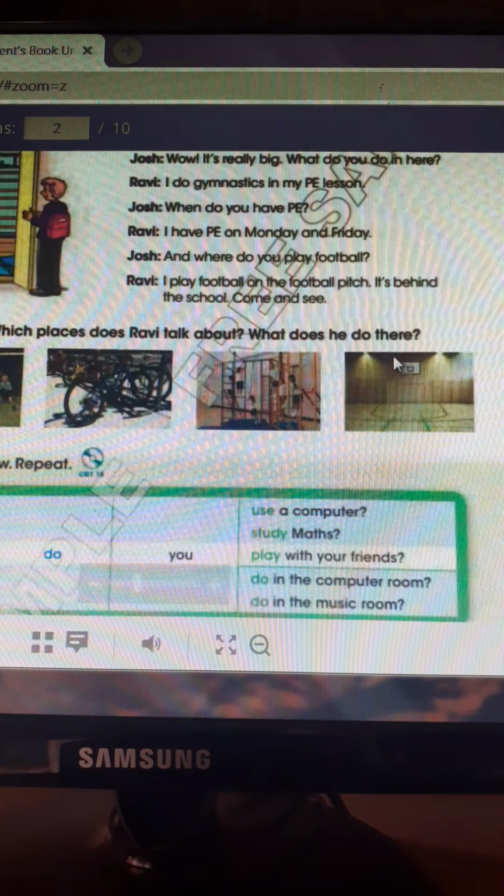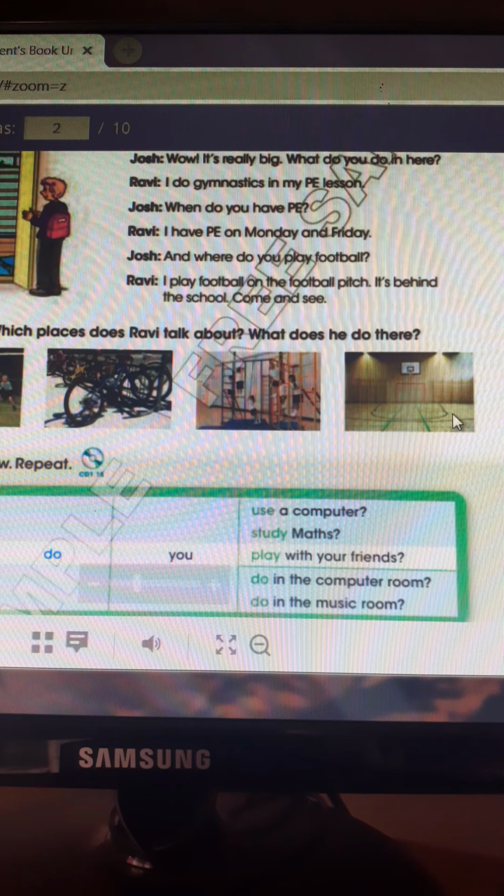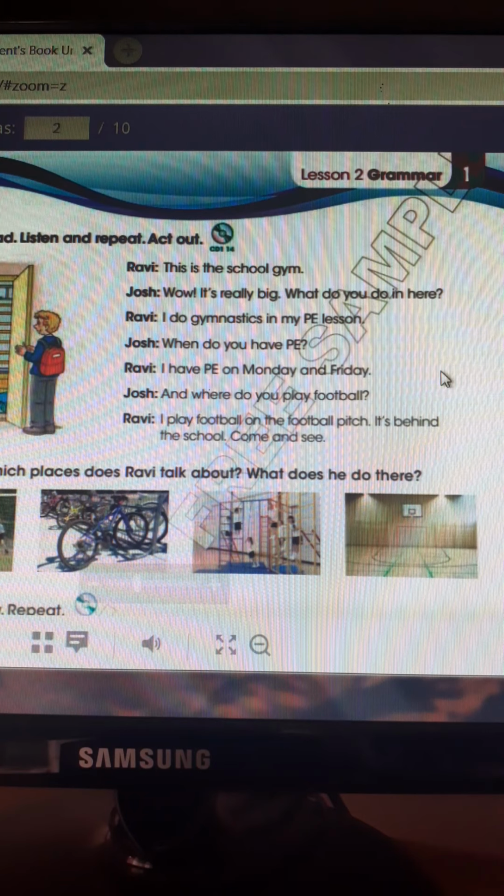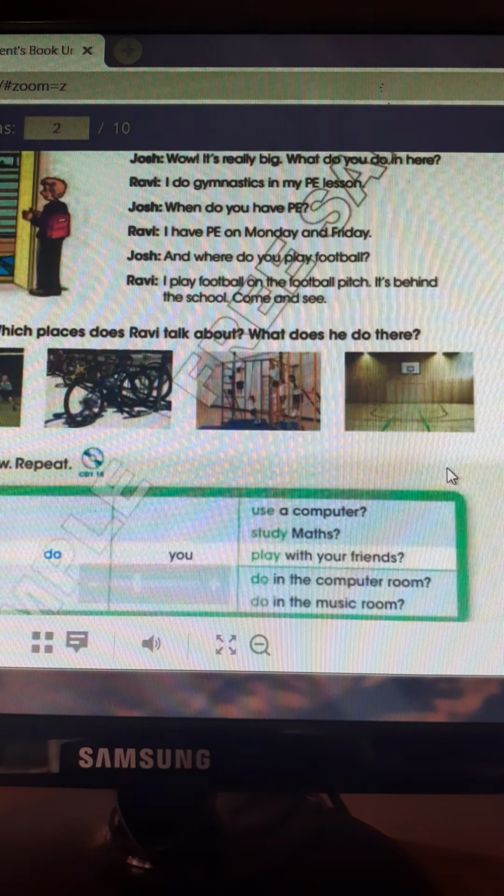Vas a tener que tildar cuáles son los lugares que él nombra en el diálogo. Y también vas a tener que responder a la pregunta, what does he do there in these places? All the answers you have here in the dialogue, right? So you tick out and you say, what does he do there, right?